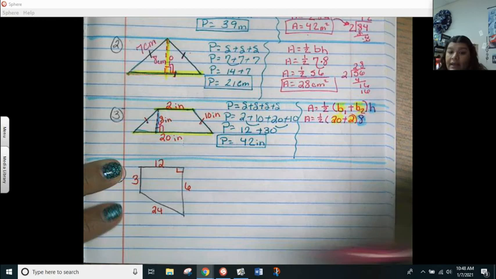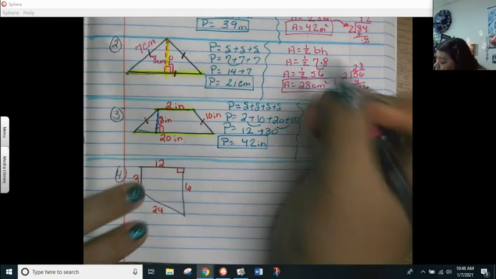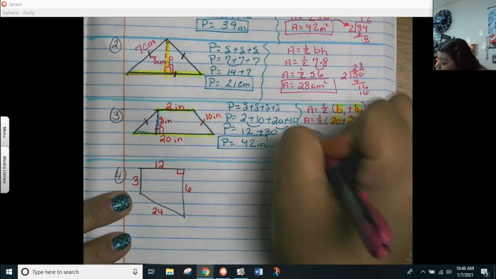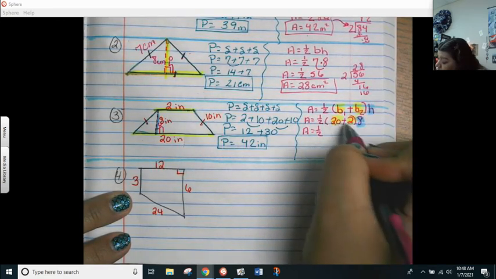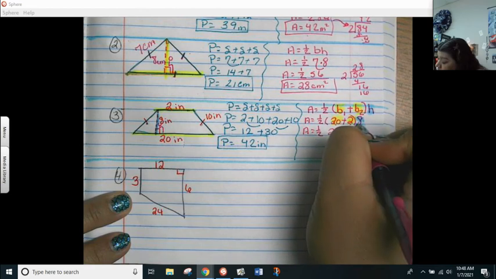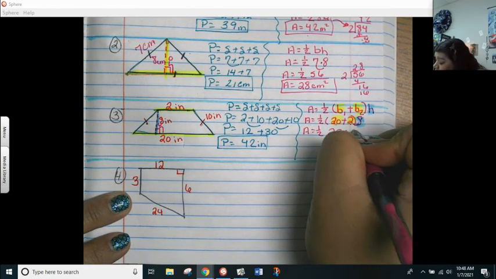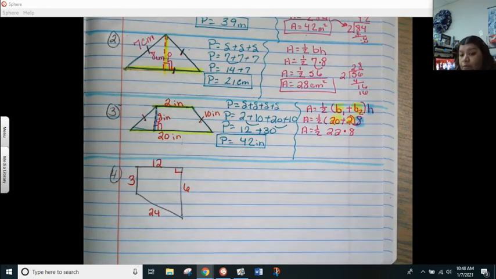Okay? Now you have to follow order of operations. And order of operations says to do parentheses first. So parentheses says 20 plus 2, that's 22. When you have a number right next to a parenthesis, that means to multiply. So times 8, that means to multiply, okay? Now, just like before, now it kind of looks like a triangle problem.